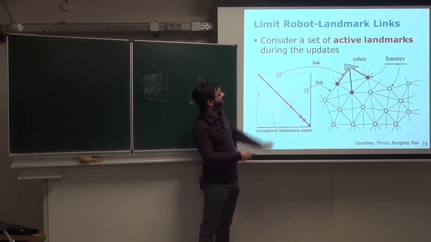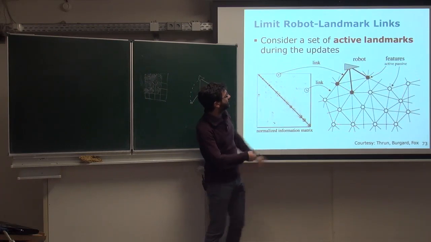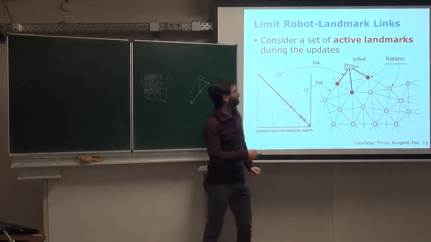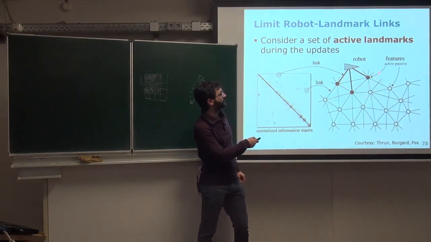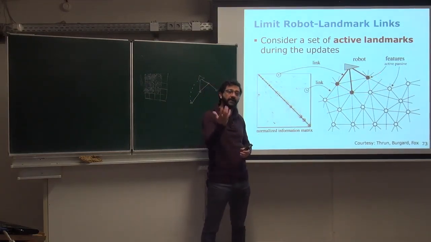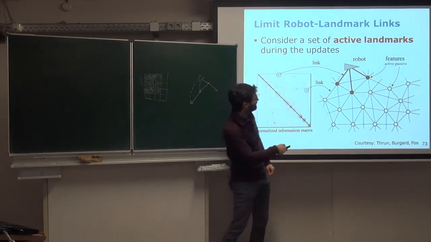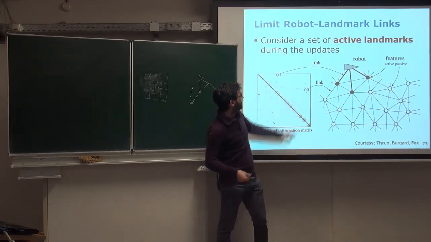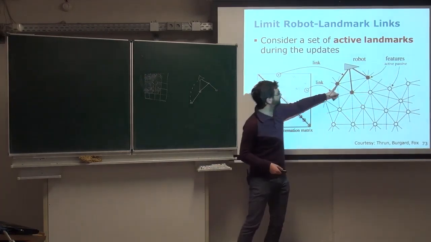Graphically, again, this you have seen also at the beginning of the class. If this is the robot, these are the active landmarks, so they are the ones that it is observing right now, and they're also the ones that are kept correlated, so dependent, with the robot pose. We have a set of landmarks which are considered passive, and you can see that there are still links from the passive to here.